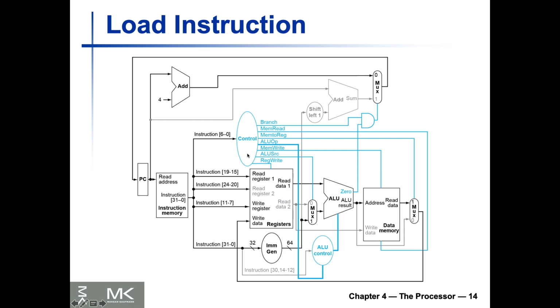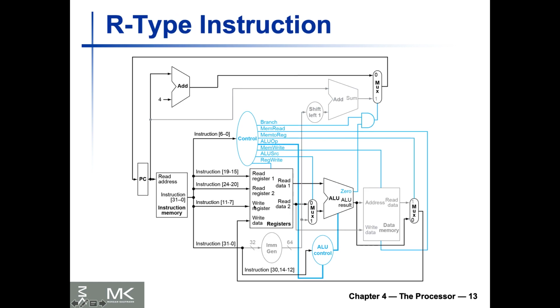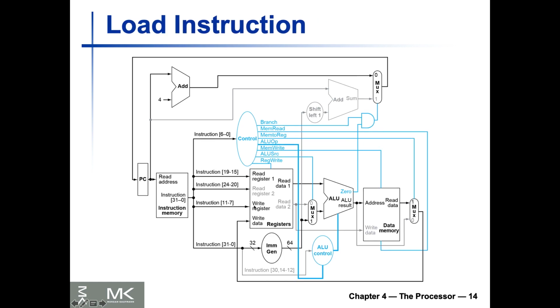For the load instructions, the difference is you need memory, right? One of the registers, and the write because you're reading from this and you want to write to that. So you need the write modules, write data, and write register, right? That's the difference here between load and R type.